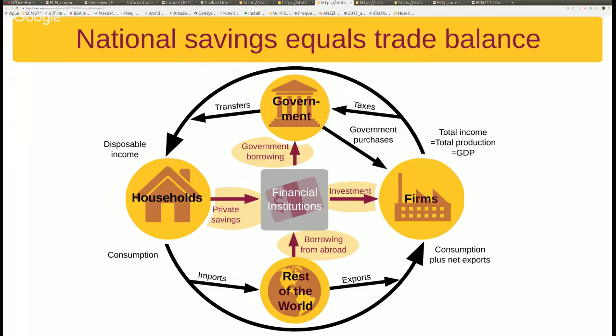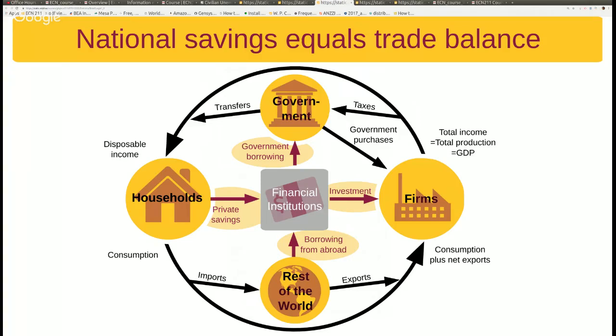Now, I want you to focus on this, and this is where borrowing from abroad comes in. This is basically the equilibrium in the financial markets. In order to be in equilibrium in the financial markets, these arrows have to add up to zero. So if the government borrows more, and households and firms don't change their behavior, the only way to get this increase in borrowing by the government to work is if we borrow more from abroad.